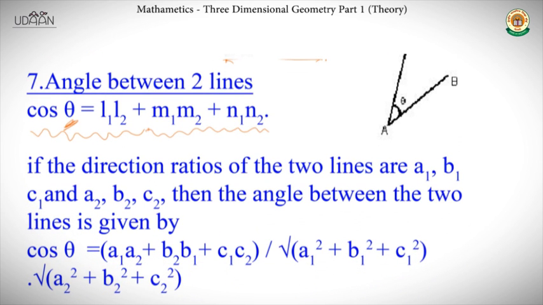Now, if direction ratios are given, then cos theta is defined by A1 A2 plus B1 B2 plus C1 C2 upon root of summation A1 square, which is this one, into root of summation A2 square, which is this term.